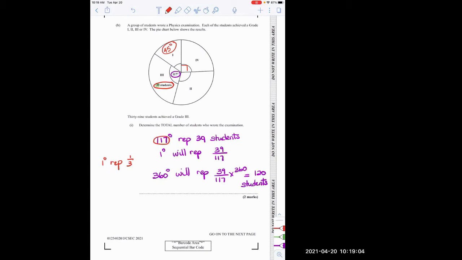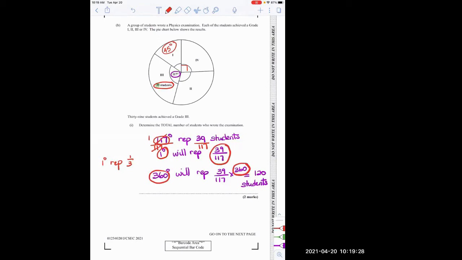So we divide by the inverse of multiply by 117. So we divide both sides by 117. Here the 117s cancel, so we will get 1 degree is 39 over 117. And then to find for 360, we multiply by 360.